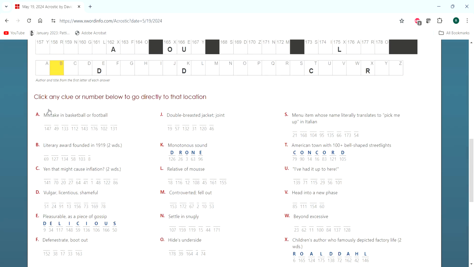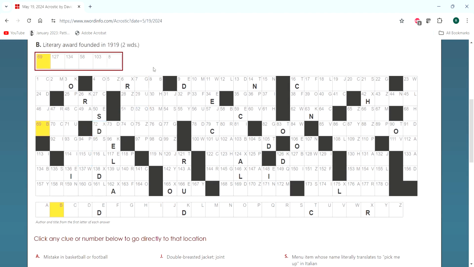Literary award founded in 1919, and it's 2 words in 6 letters? Gee, can't think of that one either.